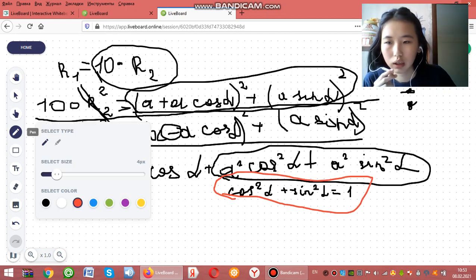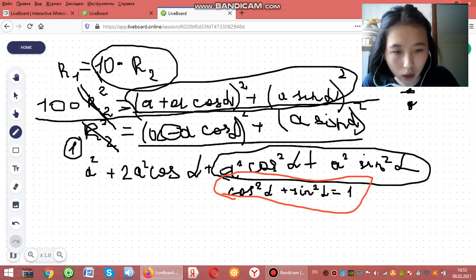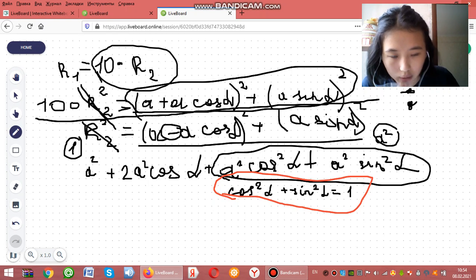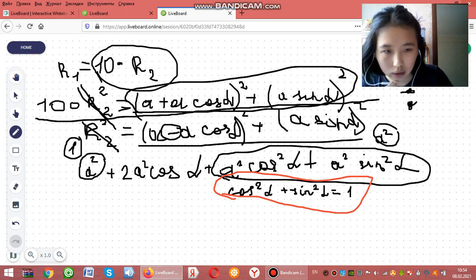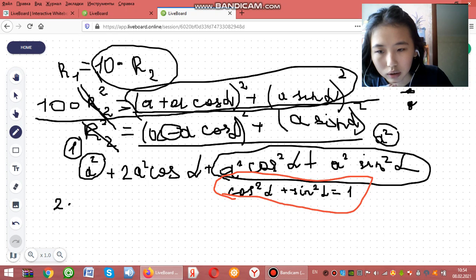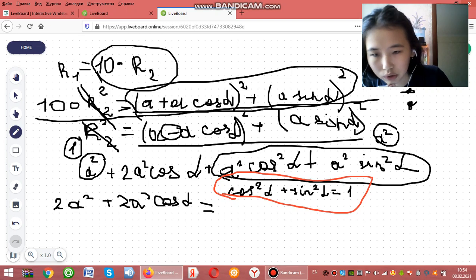So here we leave just a square. Here we also have a square, and it will be 2a square plus 2a square cosinus alpha.